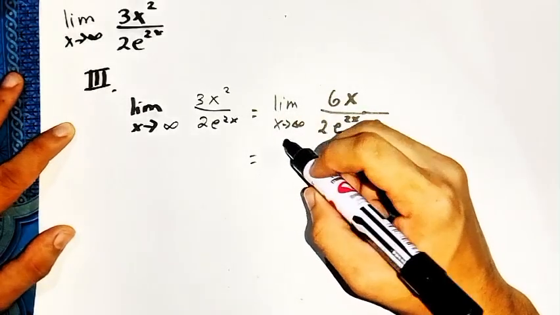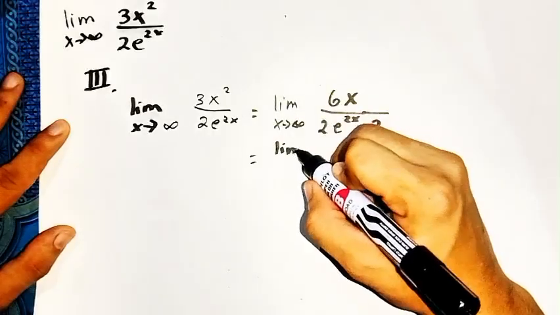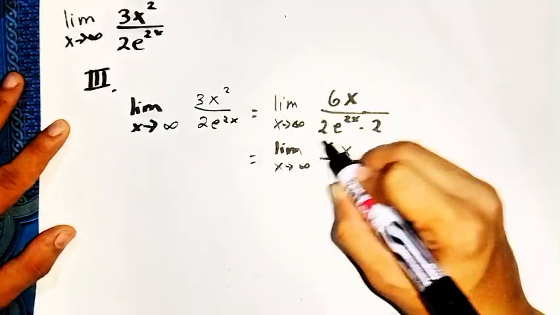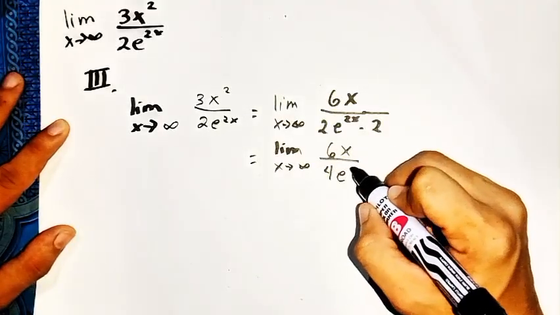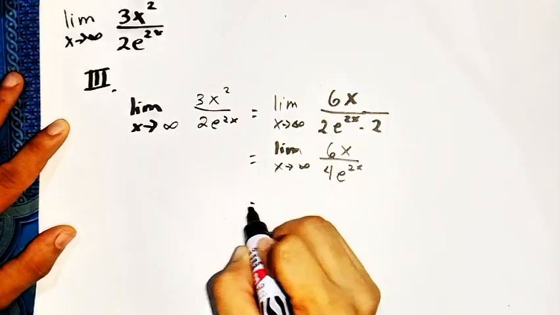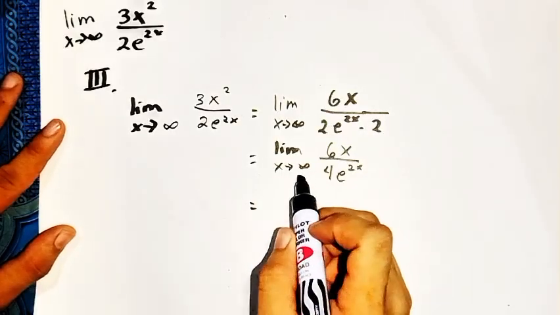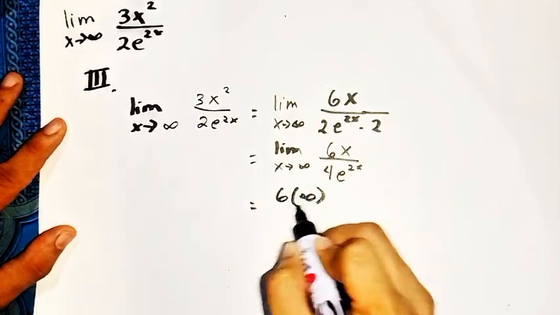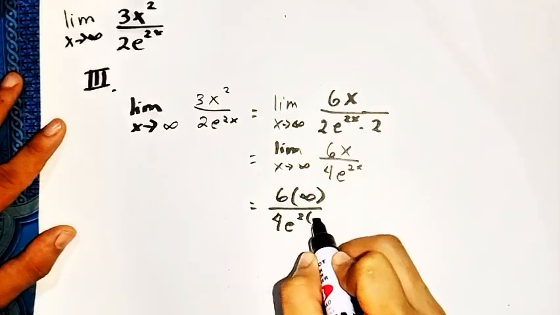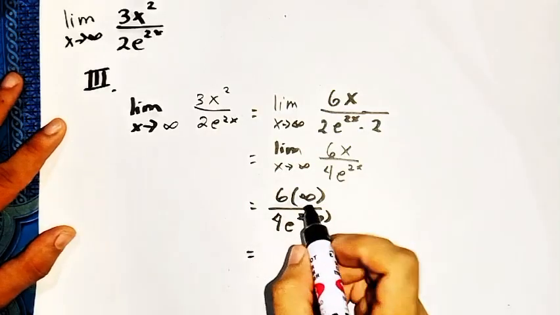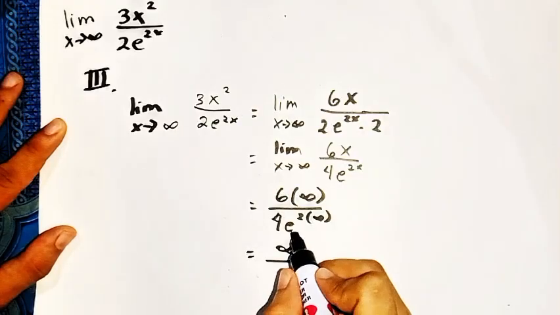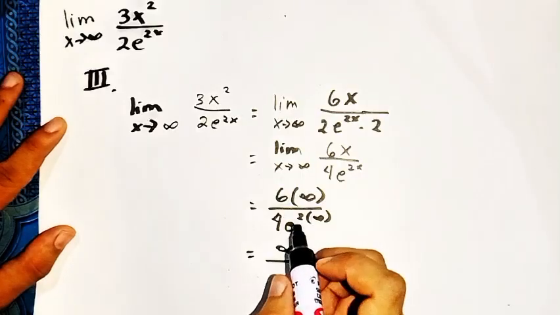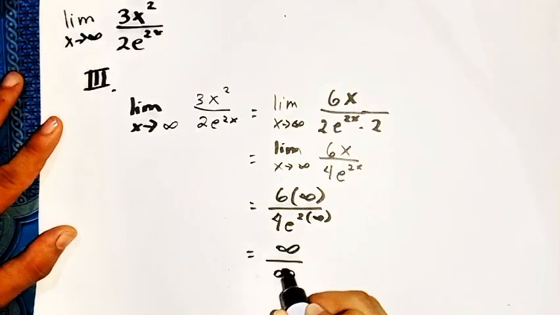So copy the limit x approaches infinity, 6x over 2 times 2, which is 4e to the 2x. So substitute again the infinity to our x. So 6 infinity over 4e to infinity. 6 times infinity is infinity, e to the power of infinity is infinity, and 4 times infinity is also infinity.